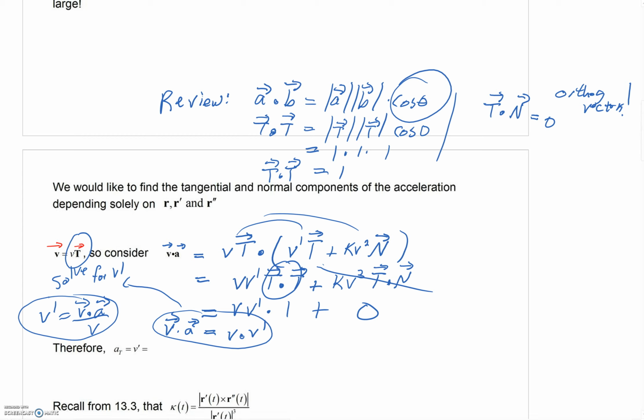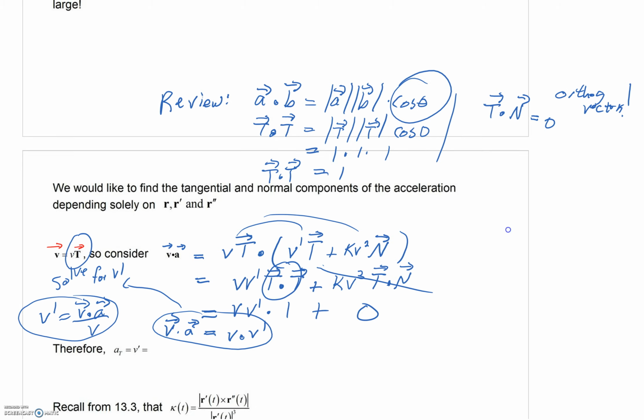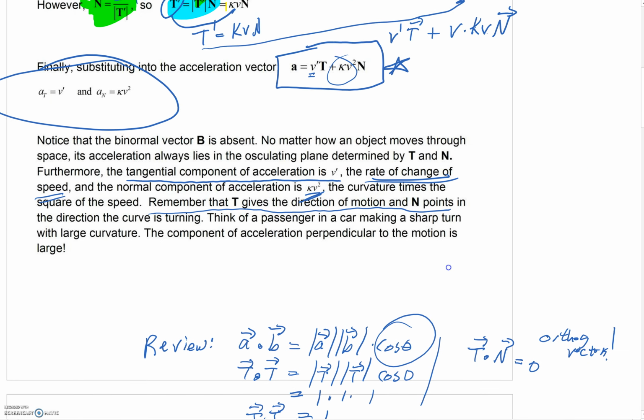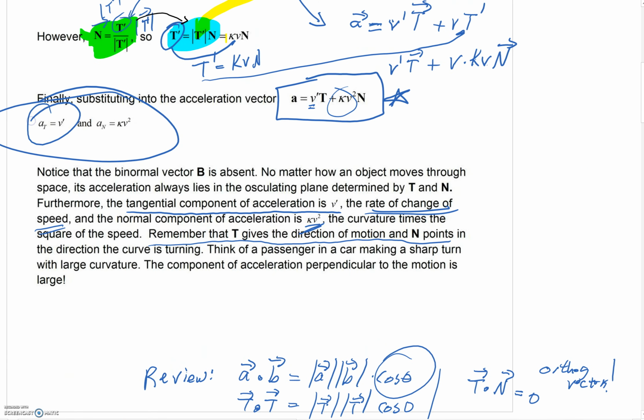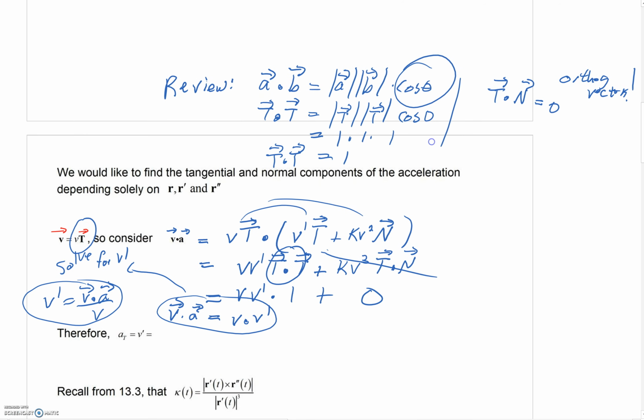When we went back to our page 1, we saw that the tangential component was v prime. So we just solved for what v prime is. It's going to be v dot a, the velocity vector dot producted to vector a, all over the length of v.